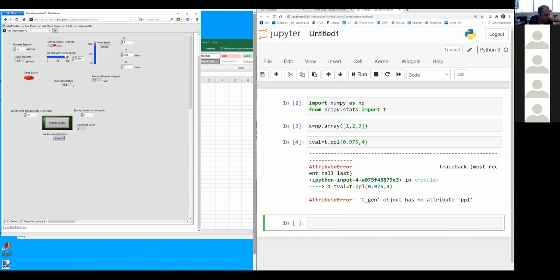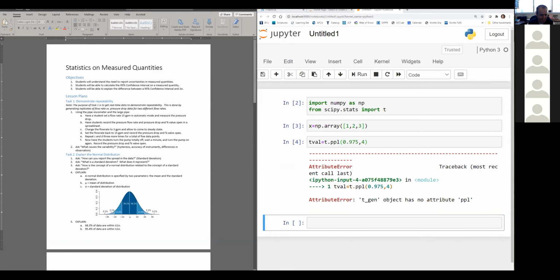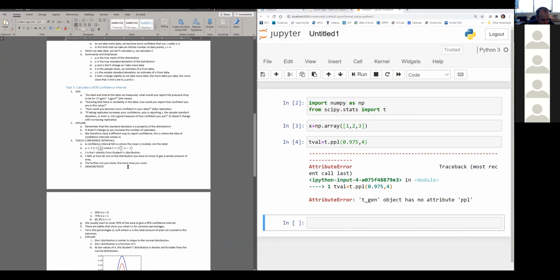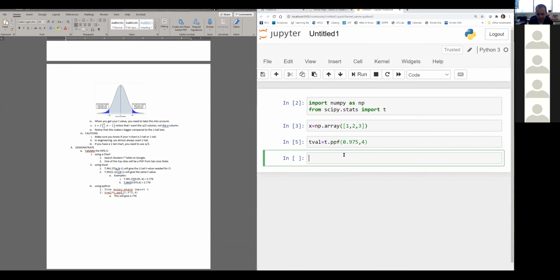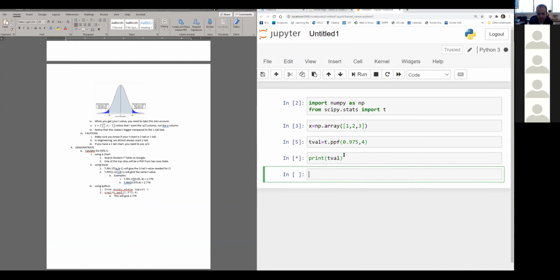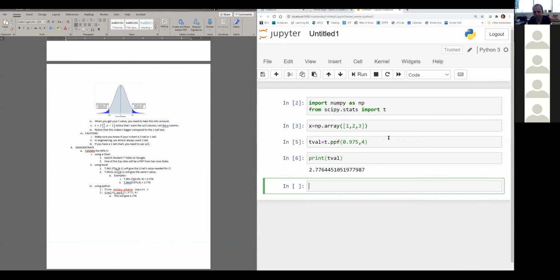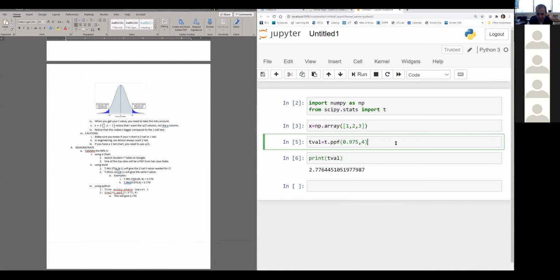Let me get my notes real quick. I don't use Python a lot to do stats, so I always forget what it is. I'd have to look it up online, or it's PPF. So there's our 2.776. In this case, you want to use the 1 minus alpha divided by 2 notation for your probability.